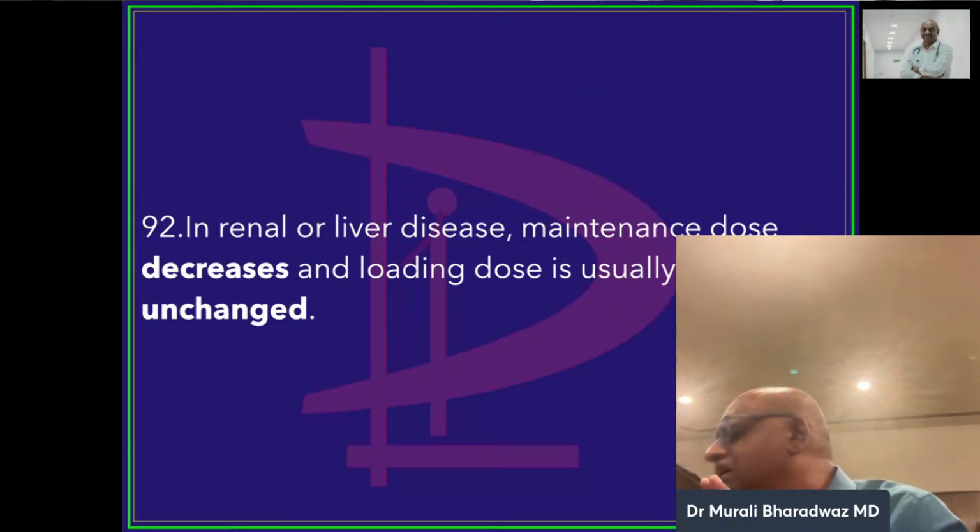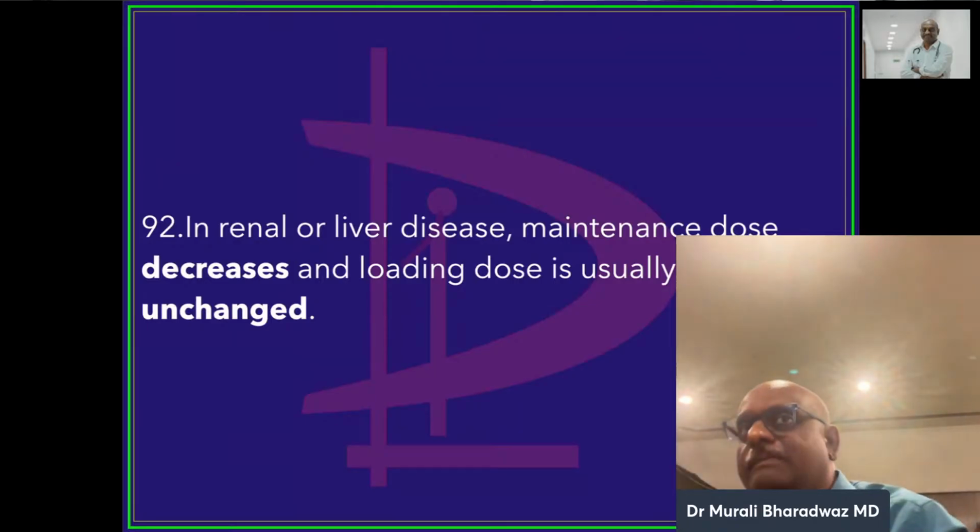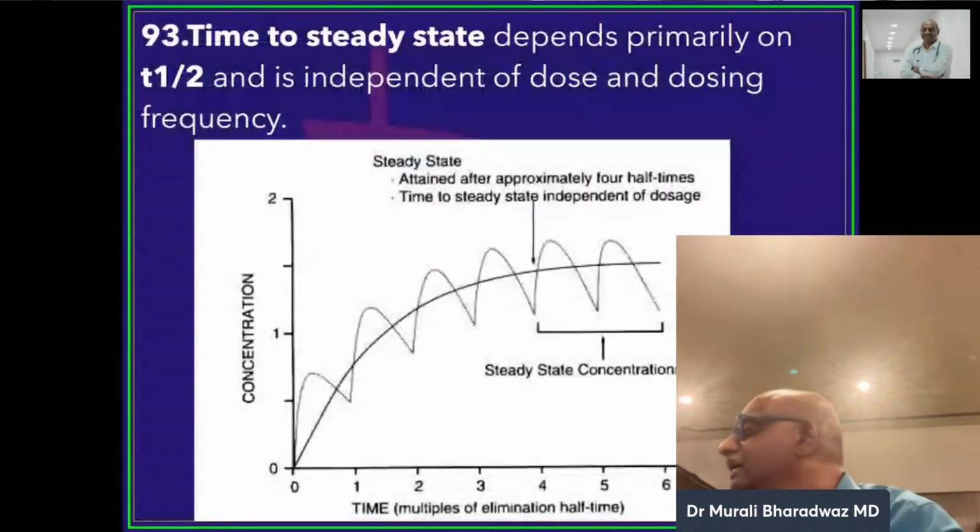Even before kidney disease or liver disease, say the drug is fat soluble, high VD. After you get renal and liver disease also, the fat solubility is high. That's the reason VD remains unchanged. That's the point. Clear?